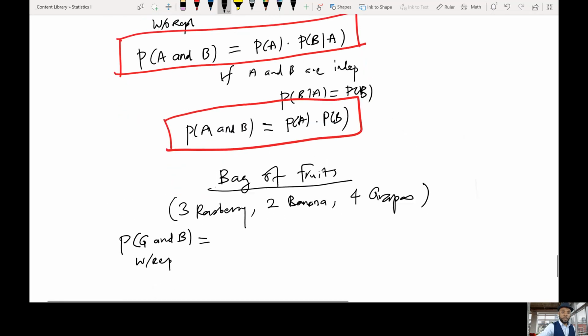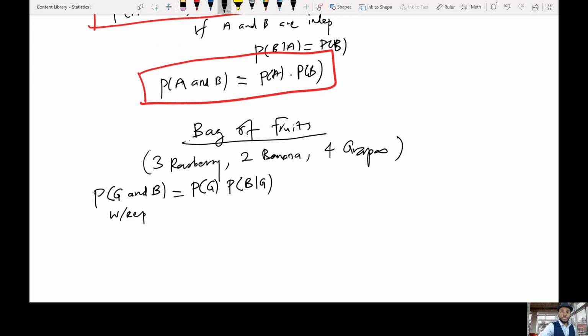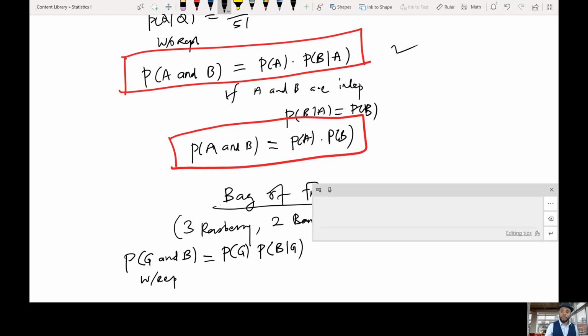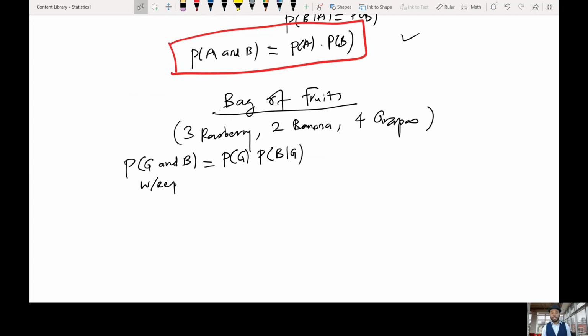So we can use the multiplication rule formula. So this will be equal to the probability of a grape multiplied by the probability of a banana given that I drew a grape. So you express it in terms of the multiplication rule, and then you decide if G and B are independent, then this will be the rule that we're going to use. So how do we go about solving this?